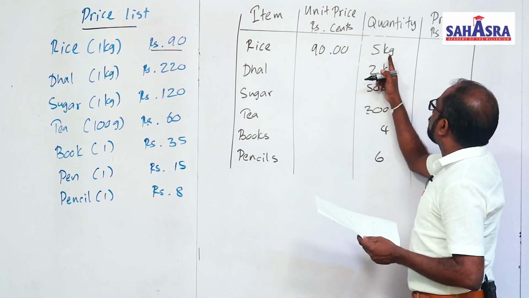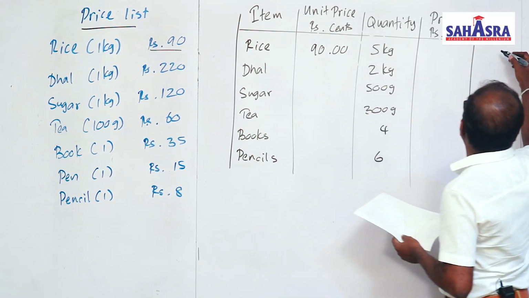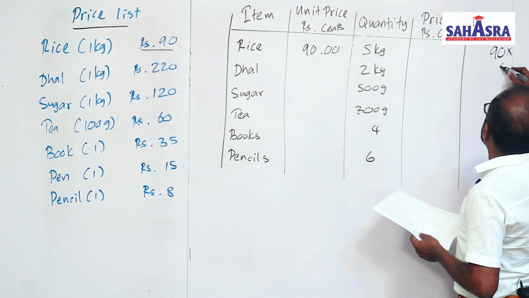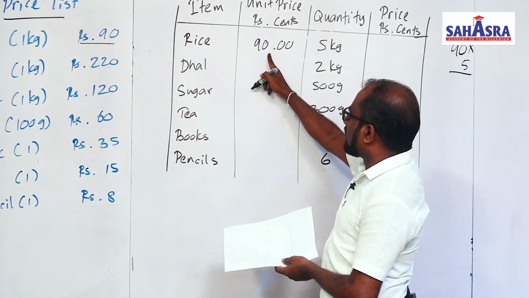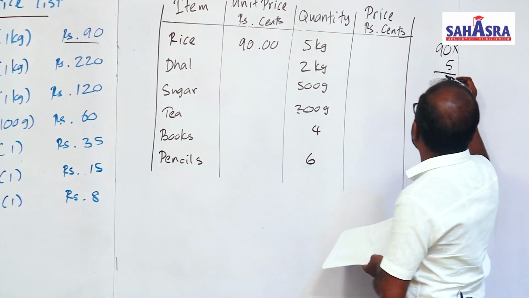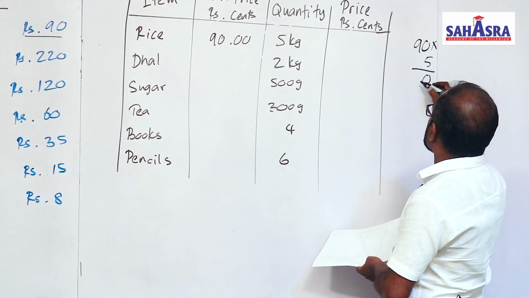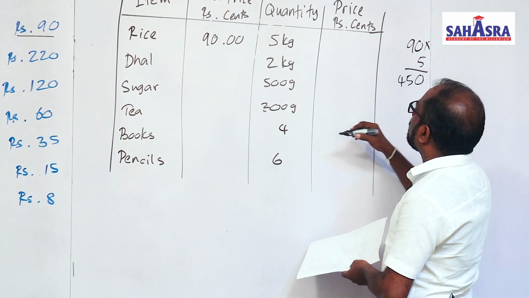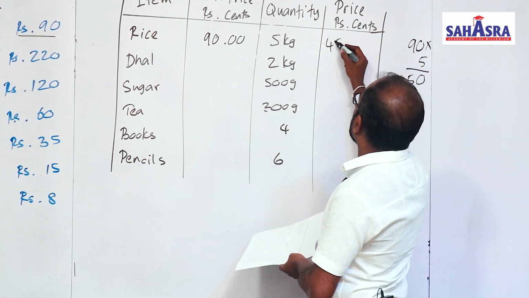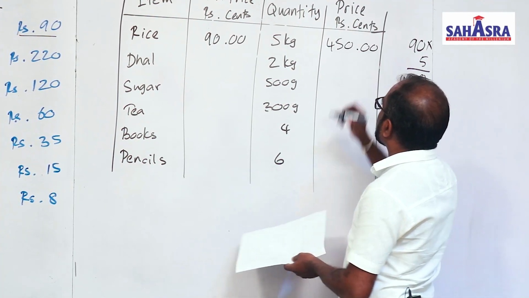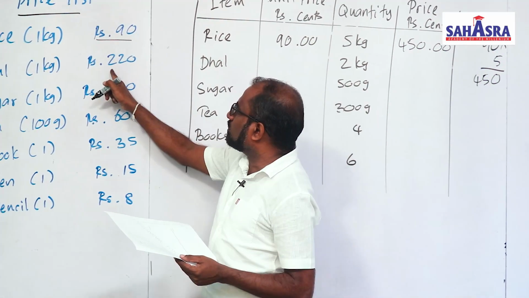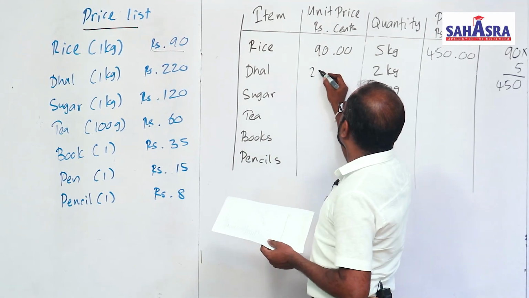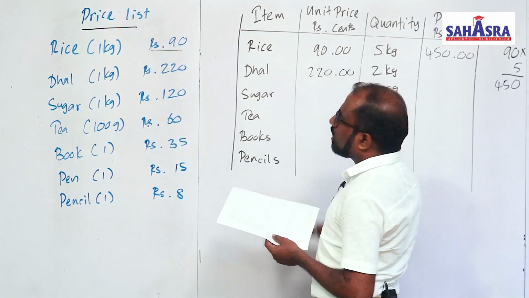And 5 kilograms of rice, what shall we do? 90 should be multiplied by 5. Okay. 1 kilogram of rice is 90 and 5 kilograms, 5 times 90. What is the answer? 5 times 0, 0, 5 times 9, 45. 450 rupees. Then dal, 1 kilogram, it's given 220 rupees.